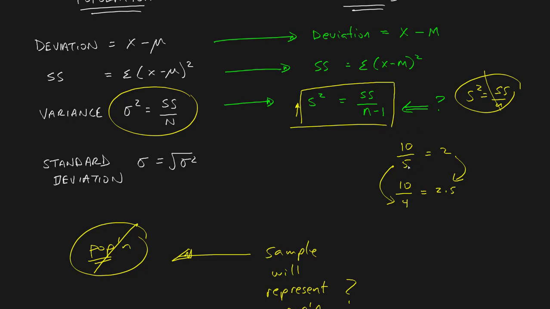Like if you had a small sample, like if we have a sample of only 5 individuals, we got a 25% increase by taking that 1 away. What if our sample was really large? Well, really large samples probably do a good job of showing how much variation there is in the population. So if you had a sample size of 100, for example, your answer would come out here to be 0.10.